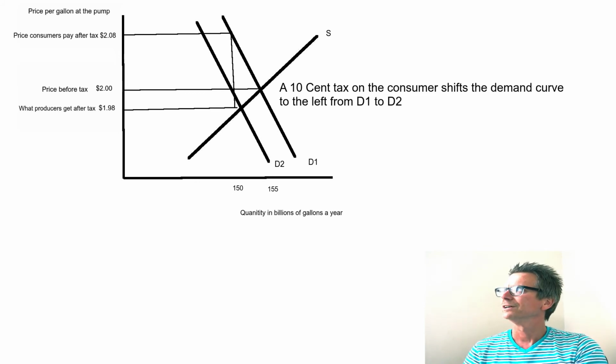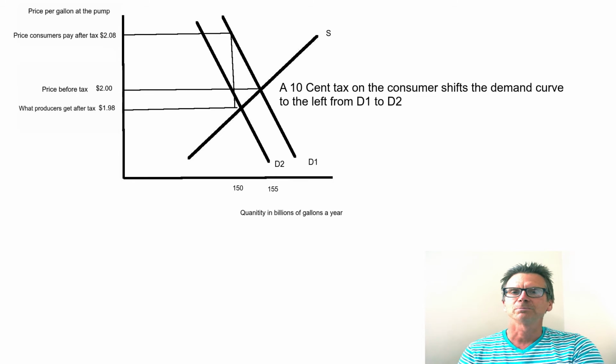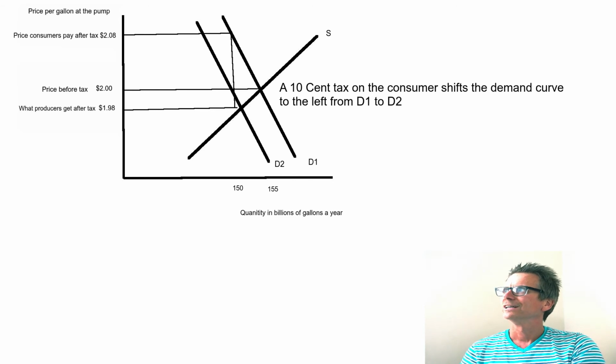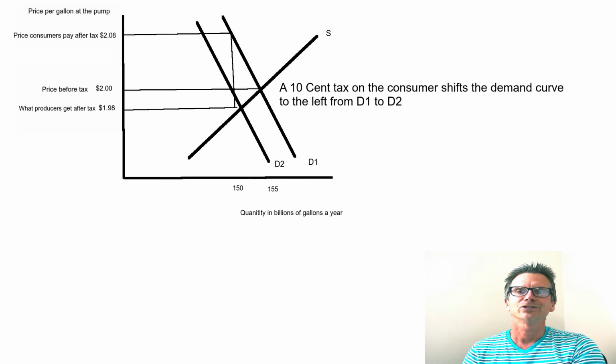And similarly, the consumer still pays $2.08 and the producer gets $1.98. So the 10-cent tax burden is actually split. The incidence is split exactly as if it was on the producer, at least in terms of the receipt. And there you have it. Whether the consumer or producer has to send in the receipts, it's the same.